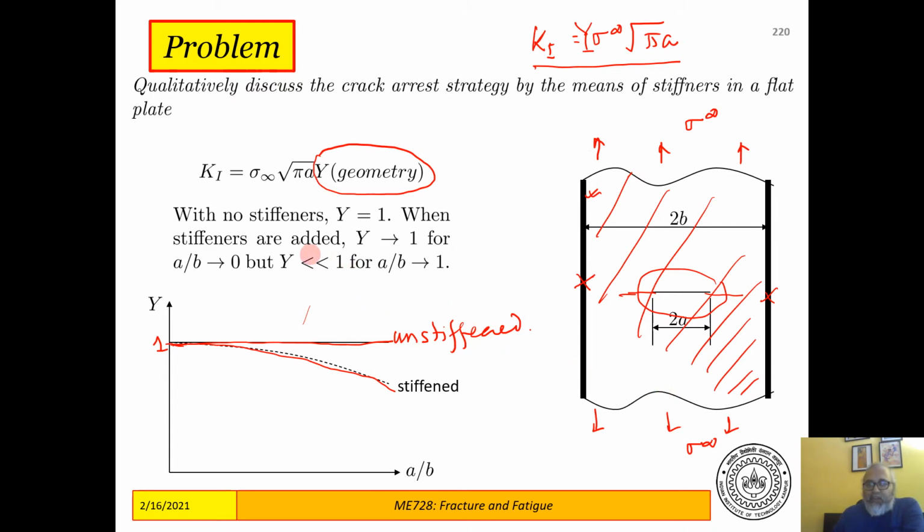So for an unstiffened crack, Y remains equal to 1, and in this case Y drops, which means that the K1 that you get for a stiffened plate will keep on dropping. So this is a qualitative argument saying that a stiffened plate will apply some kind of resisting force to the crack, and make it difficult for it to propagate.